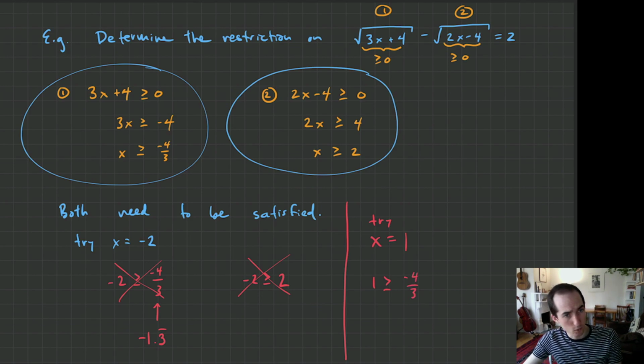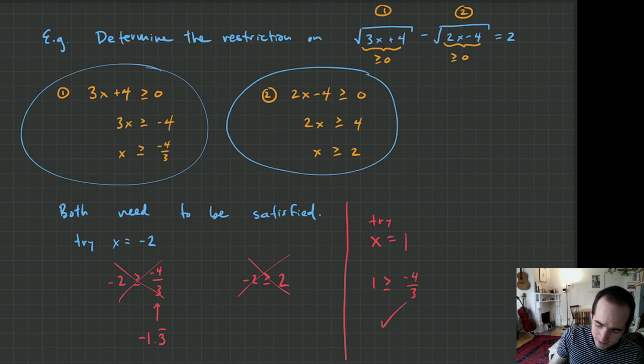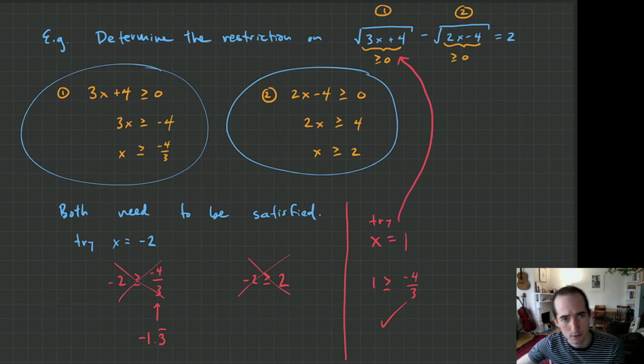Yeah, it works. It is greater than negative 4/3. This would give you no problem in this radical, right? We would have 3 times 1 plus 4, the square root of 7, and we'd be laughing. No problem with the square root of 7. What about in here?